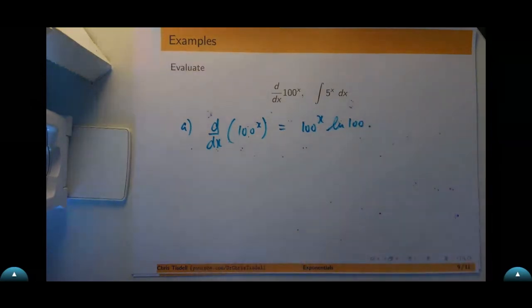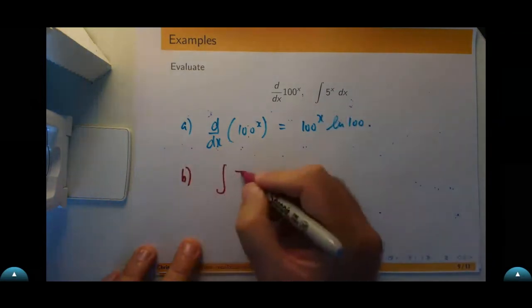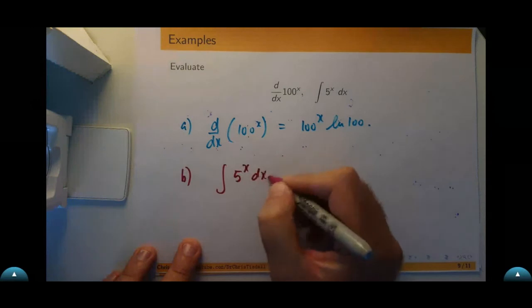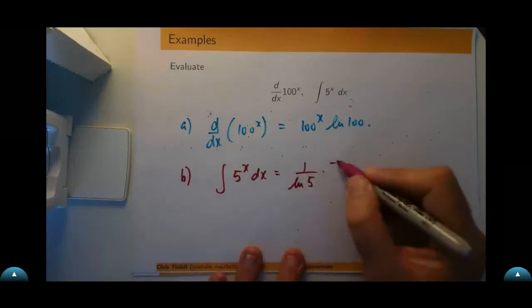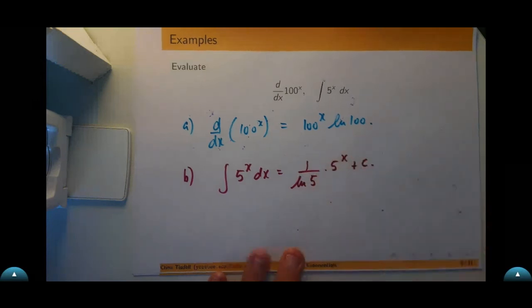And the integral of 5 to the x is going to be 1 on the natural log of 5 times 5 to the x plus a constant. So you can see these examples are pretty easy. So let's make it a bit more challenging. I've got 2 more examples to go, and they're a bit crazy. So let me show you.